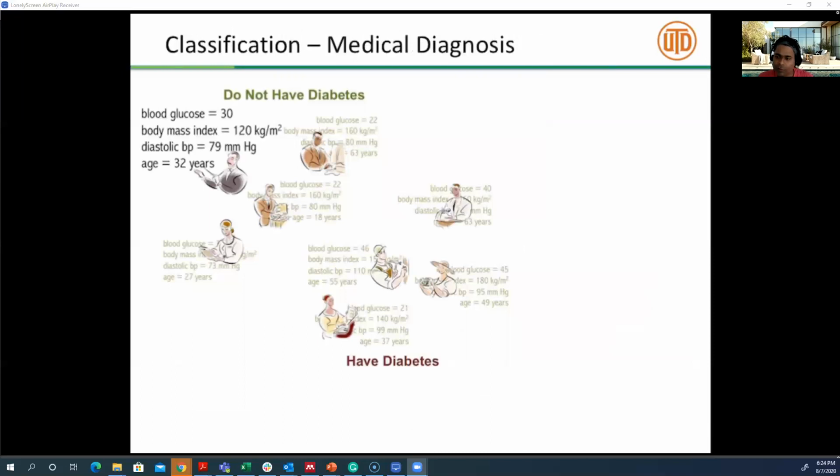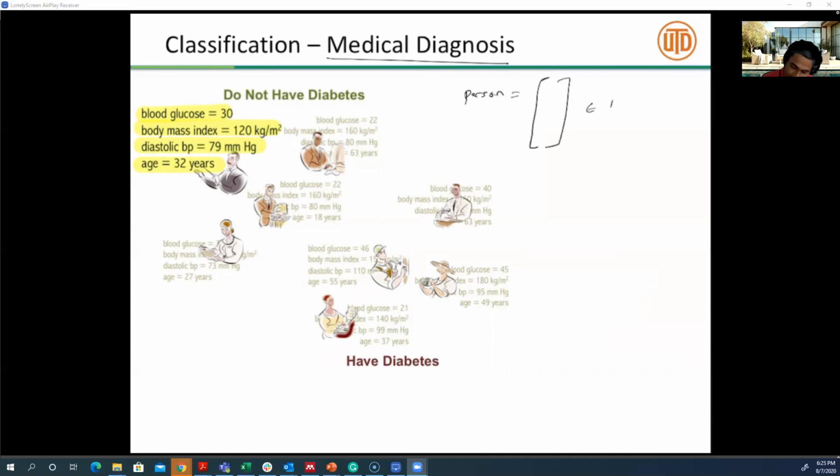All right, we'll go over a few of these examples a little more carefully. We will start with the medical diagnosis problem. In this scenario, I have all of these features: blood glucose, BMI, diastolic BP, and age. All of these are features in my feature vector. I have a person, and I'm converting this human being into a d-dimensional feature vector.